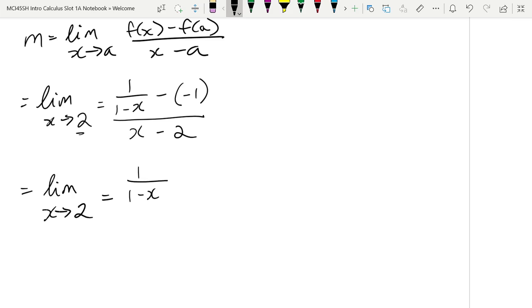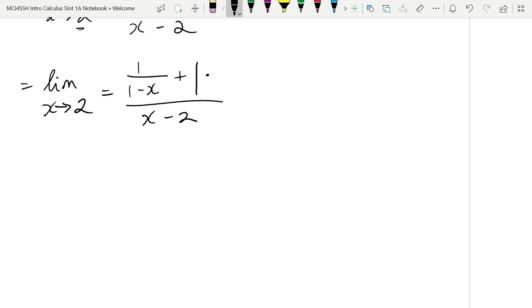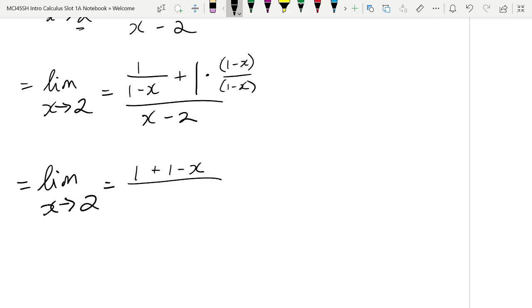This is 1 minus x minus a negative 1 is plus 1. There we go. Now I'm going to times top and bottom of this number 1 with the common denominator 1 minus x. I'm going to use the property of 1s and my fraction knowledge to simplify this into a single numerator, which would be 1 plus 1 minus x all over 1 times 1 minus x, which is just 1 minus x.